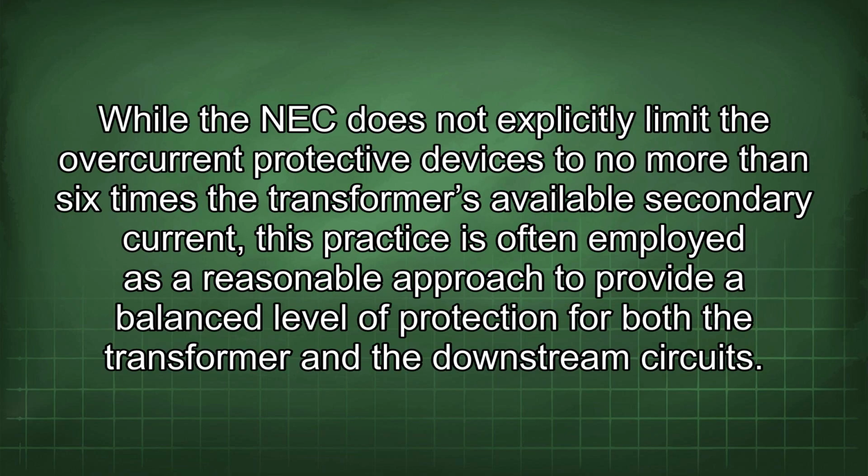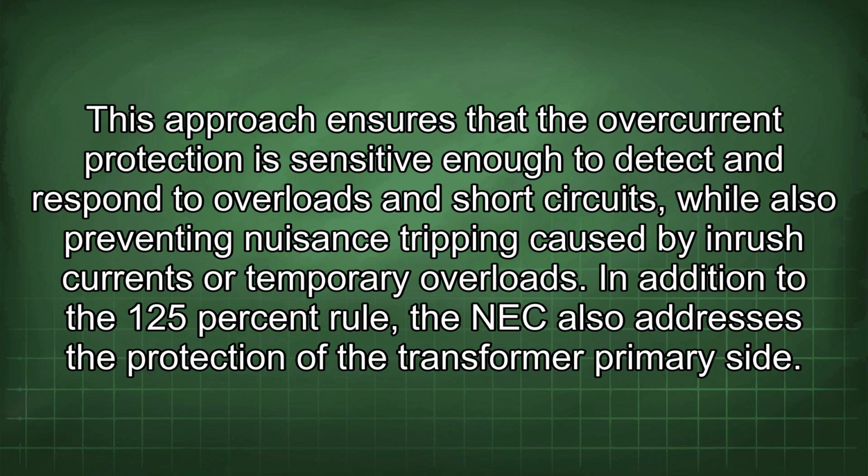While the NEC does not explicitly limit the overcurrent protective devices to no more than 6 times the transformer's available secondary current, this practice is often employed as a reasonable approach to provide a balanced level of protection for both the transformer and the downstream circuits. This approach ensures that the overcurrent protection is sensitive enough to detect and respond to overloads and short circuits, while also preventing nuisance tripping caused by inrush currents or temporary overloads.